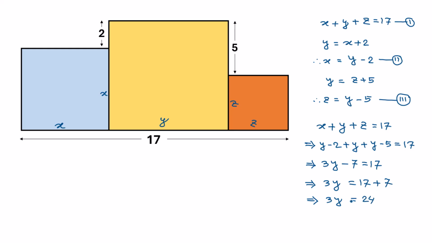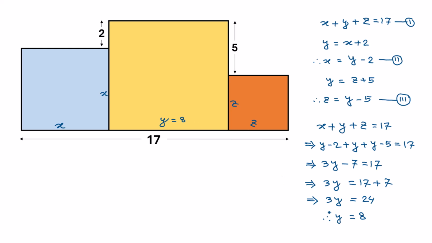Now divide both sides by 3, we will get the value of y is equal to 24 divided by 3, this is 8. So the value of y is equal to 8. So the length of this yellow square is 8 units.